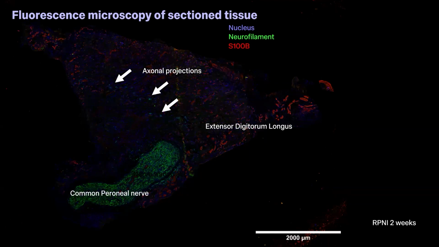What you can start to appreciate is that with the stain, we start to see and identify axonal projections deep within the muscle tissue. We're still lacking in the identification of the whole sense of where this axonal projection is originating from and where it's going. But it is work in progress.